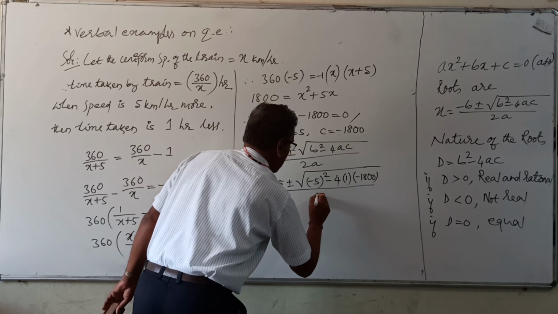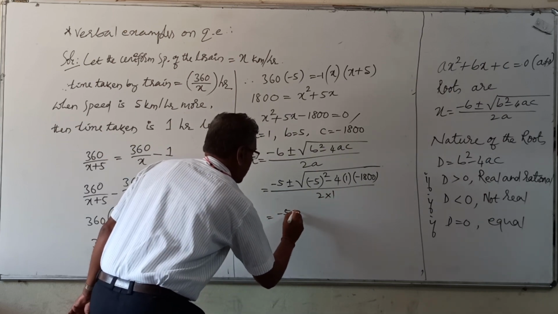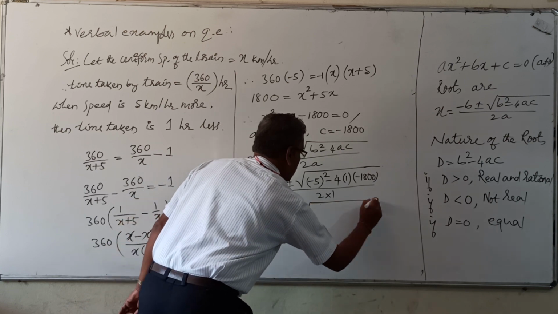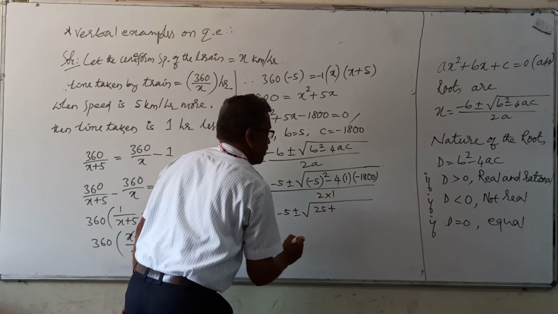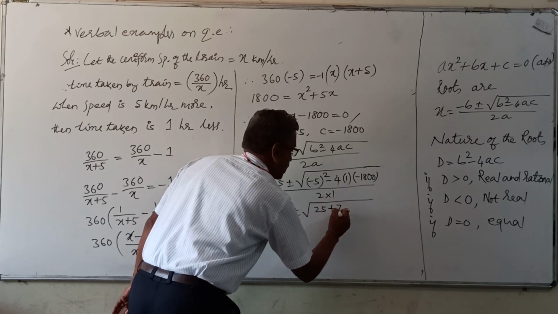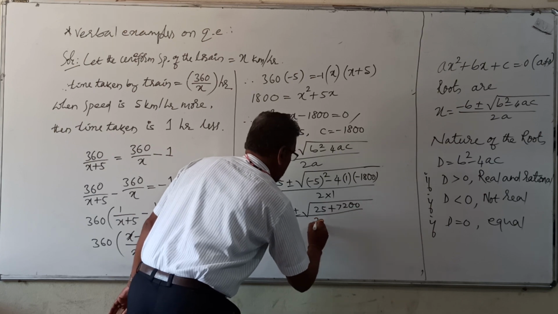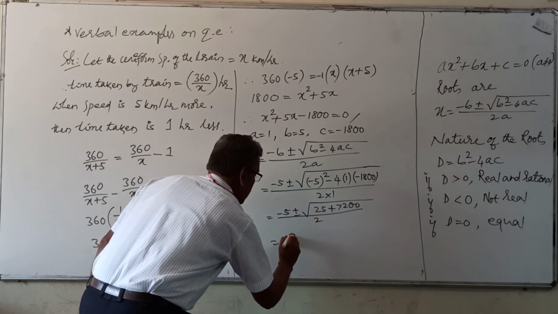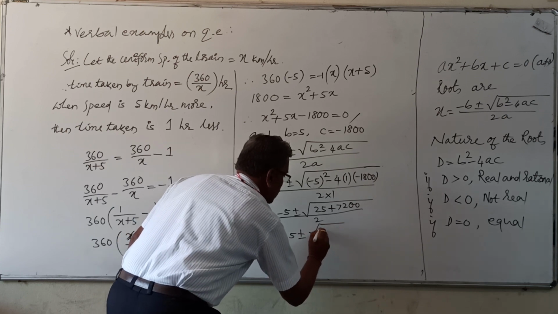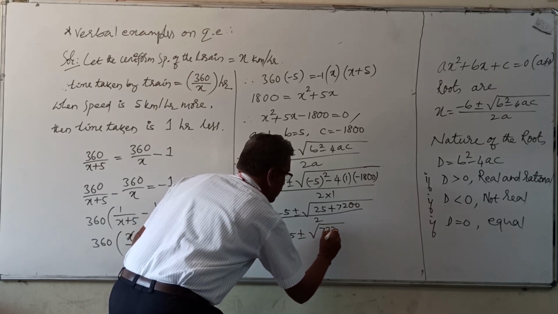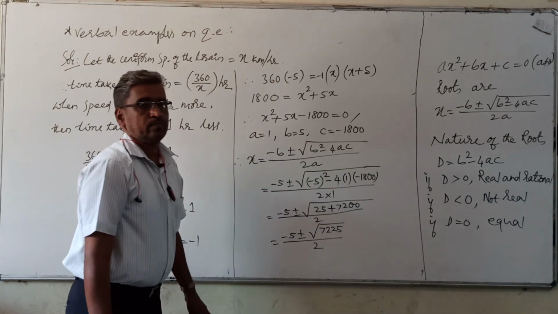divided by 2a, equal to minus 5 plus or minus square root of 25 plus, 18 fours are 72, that is 7200, divided by 2, equal to minus 5 plus or minus square root of 7225 divided by 2.